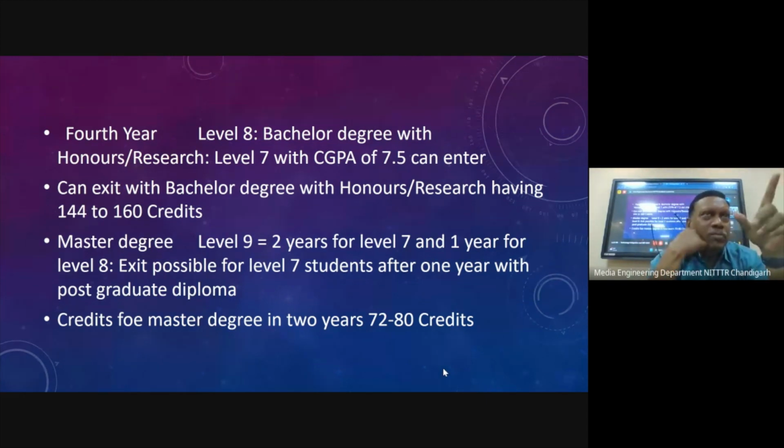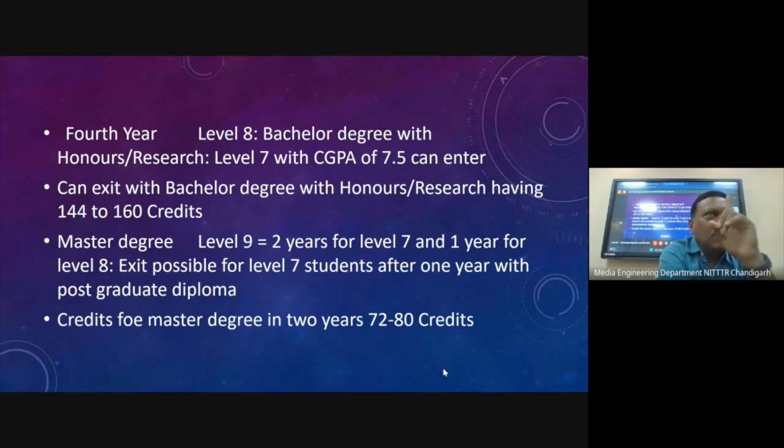If you have the 3 year exit, then you are exiting at level 7, and your master degree will be 2 years. The 2 year master degree again has credits, 72 to 80 credits. Your MTech or ME degree, whatever you call it, will be a 72 to 80 credit degree.